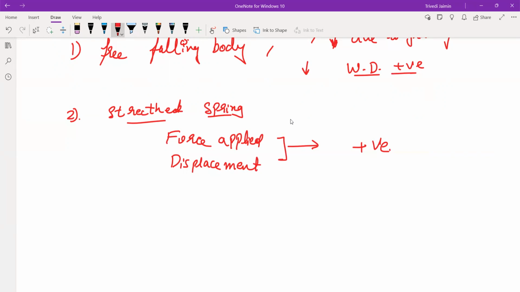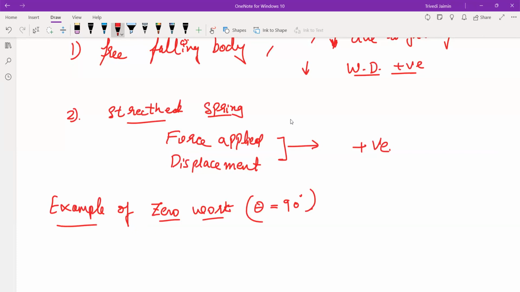Okay, so when can we say there is zero work done? It's very easy to give one example of zero work done. Pushing a rigid wall, or a merry-go-round. In short, force and displacement should be at 90 degrees to each other. If we are moving in a circular path, force and displacement are at 90 degrees.